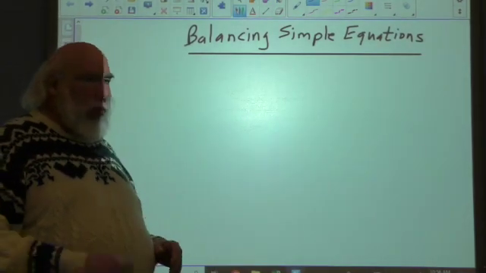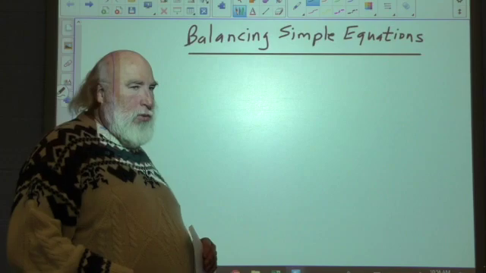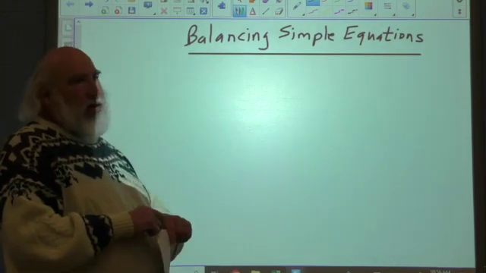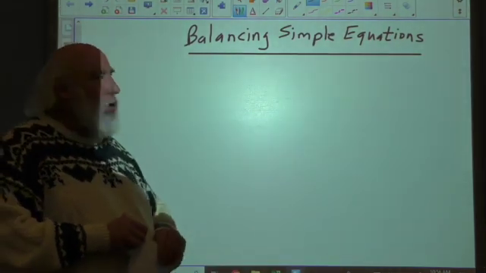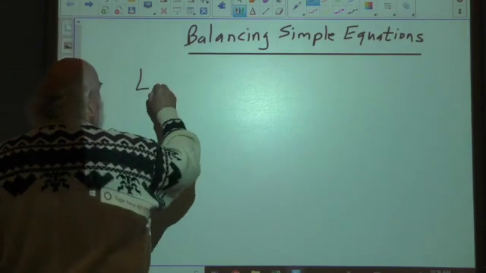Now, when we say balance equations, which again is a term you've probably heard before, this is based upon an idea by John Dalton called the law of conservation of mass.